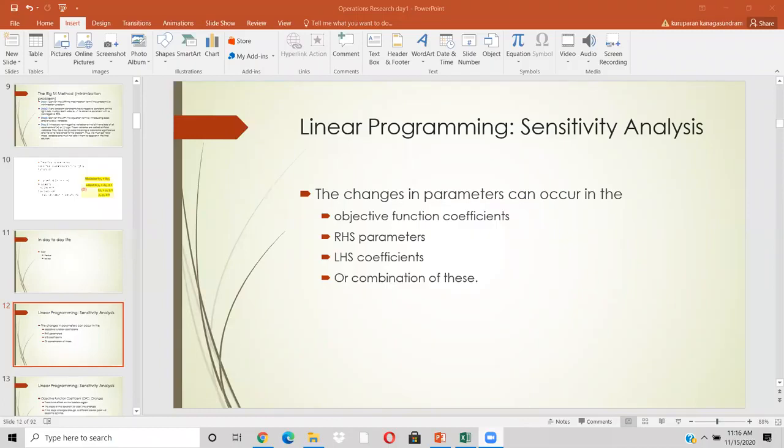If the person is sensitive, he will react quickly. Similarly, in our case, for these models, sensitivity analysis means we have to check in which regions the solutions will be affected or the solutions will change. That's the sensitivity analysis. Okay.